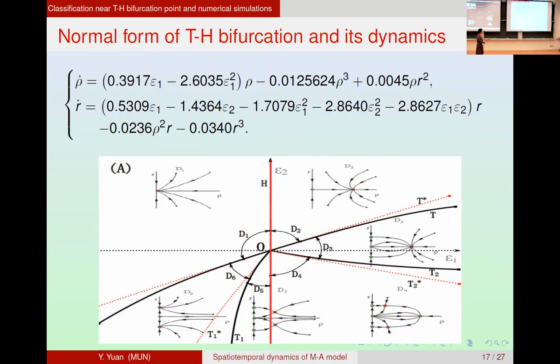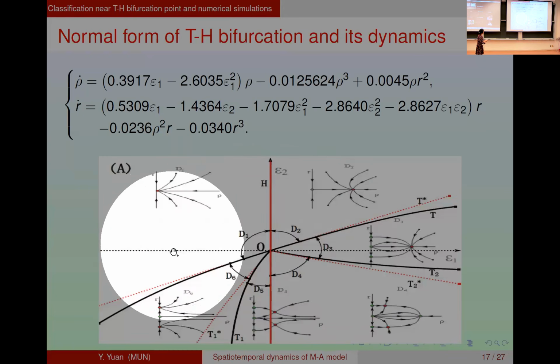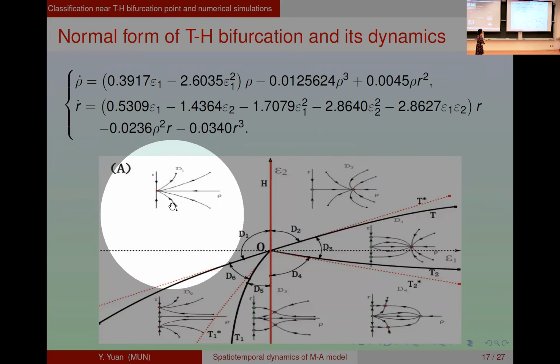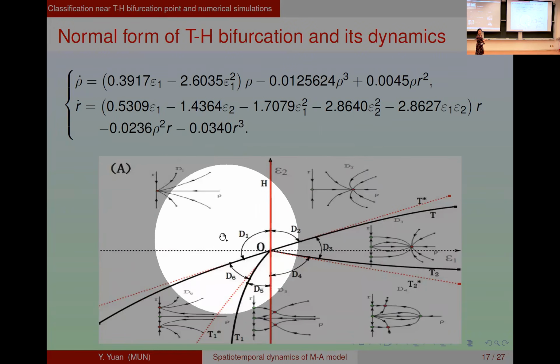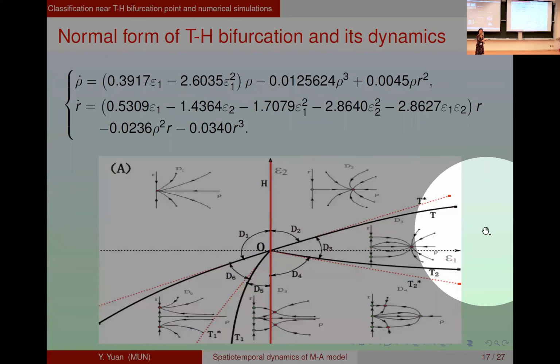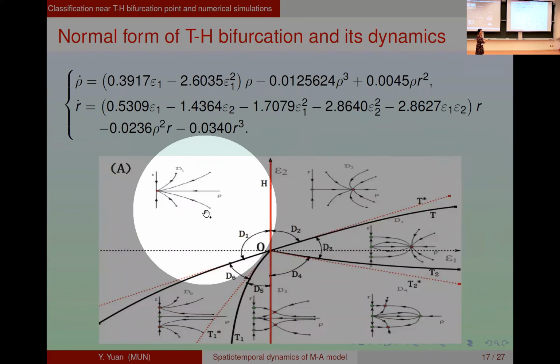For example, in the D1 region, there is only one equilibrium point, which is just the origin. In the original equation, it is the positive equilibrium and steady state, which is stable.